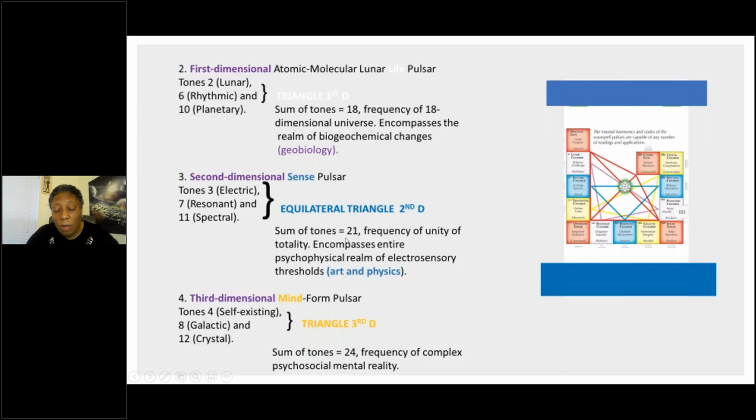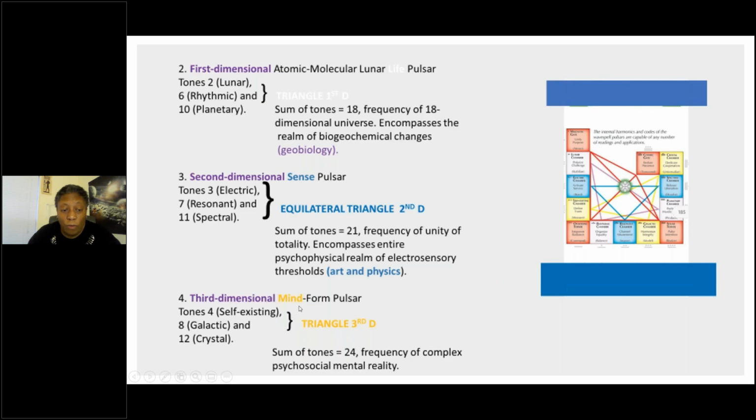Their sums are going to add up to 21. The frequency of unity of totality is going to encompass the entire psychophysical realm of electrosensory thresholds. What are we talking about? Art and physics. Of course, it's part of the 3rd dimension too, because we are made up of the life dimension and the sense dimension.